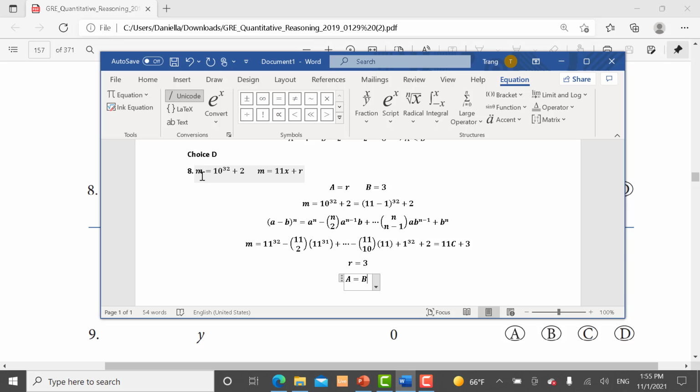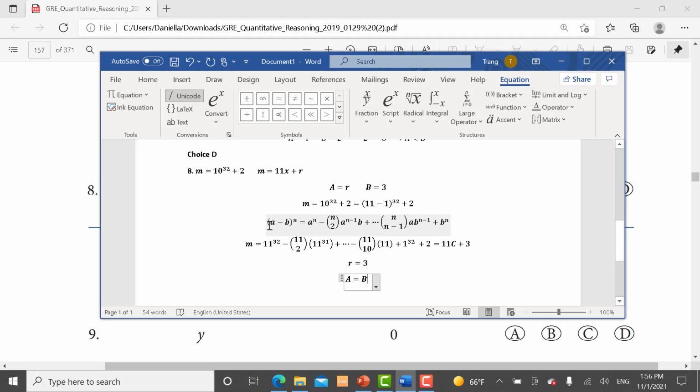I want to show the number 11 because I want to rewrite m in the form of 11 times something plus something. So the easiest way to derive 11 from 10 is to rewrite 10 as 11 minus 1. So we have 11 minus 1 to the 32, and don't forget to add 2 at the end.